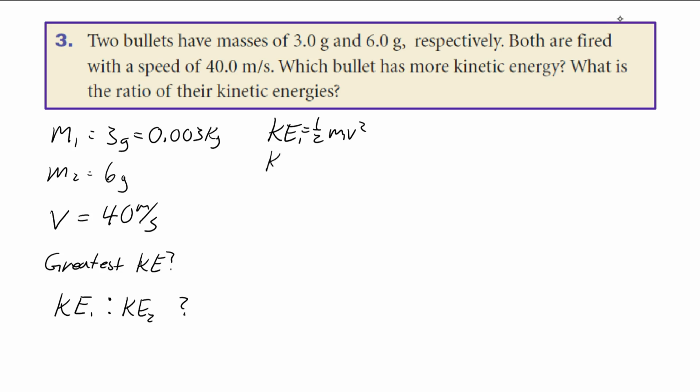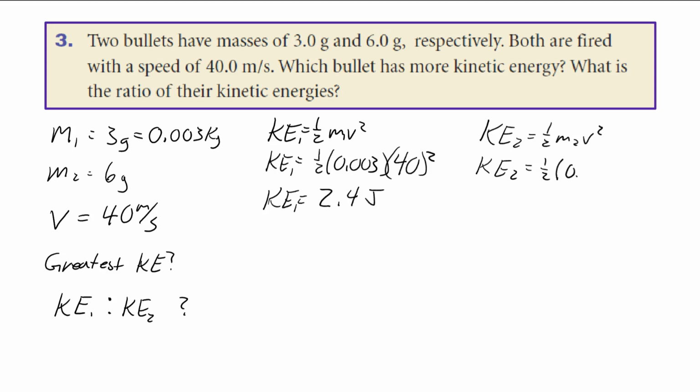So we have KE is equal to 1/2 times 0.003 times 40 squared. We have to be in kilograms because we want the units to agree with each other. You do the math and that gives you 2.4 joules. That's the kinetic energy of the first bullet. For the kinetic energy of the second bullet, it looks very similar. The only difference is that we're using 0.006 kilograms because you have to move the decimal point.